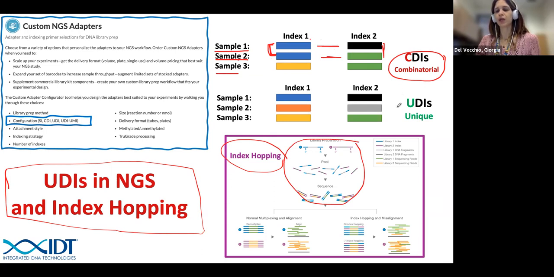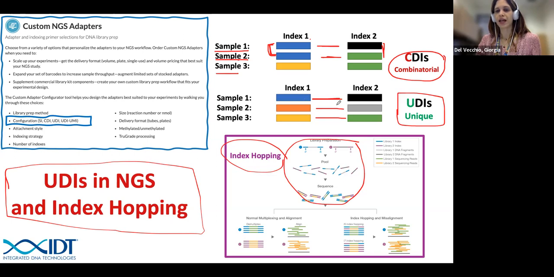But the unique dual indices approach can preserve your sample from index hopping, because even if you have contamination, the indices are different for each sample. So I have blue, black for sample 1, orange, gray for example for sample 2, yellow, green for example for sample 3.